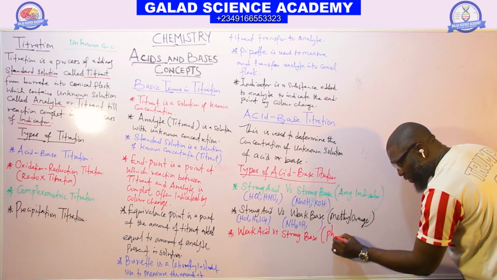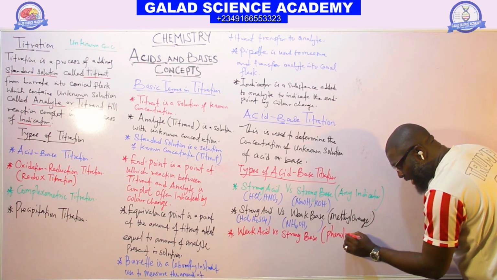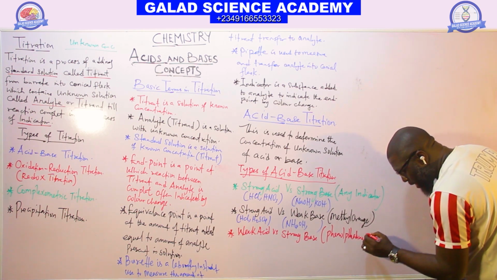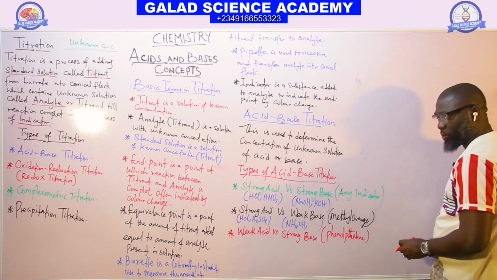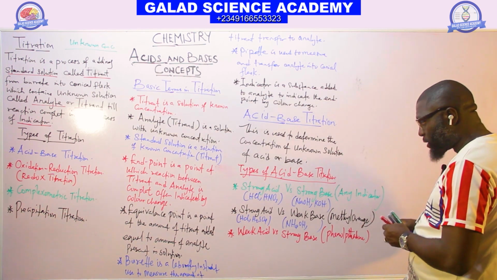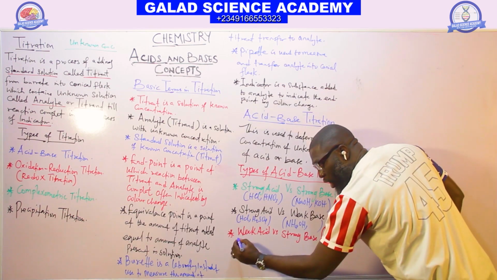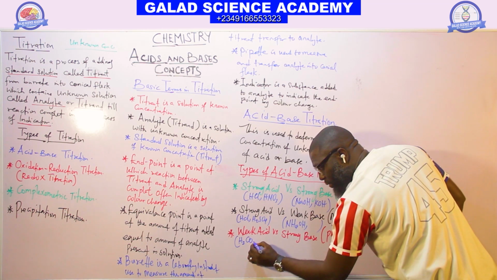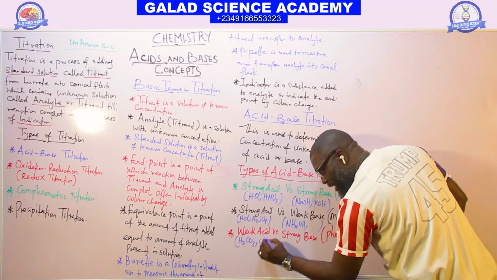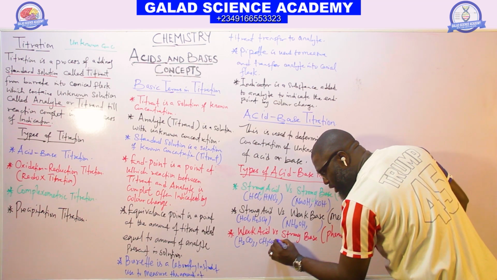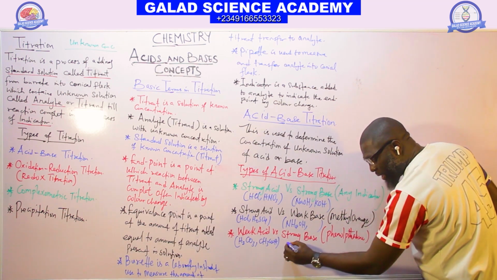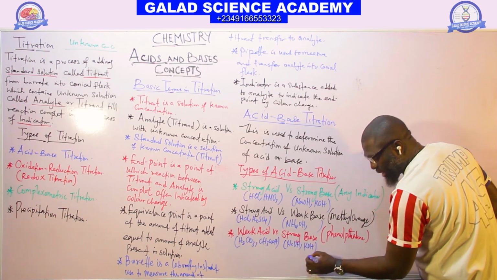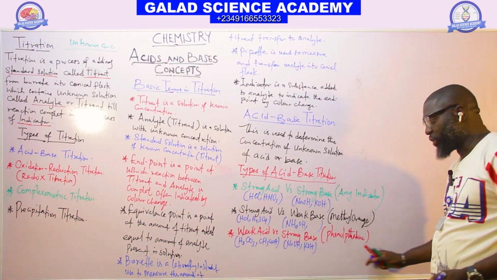Here we use phenolphthalein as indicator. Examples of weak acid, we have H2CO3 and CH3COOH. For the strong base, sodium hydroxide and potassium hydroxide. So for this kind of titration, we use phenolphthalein.